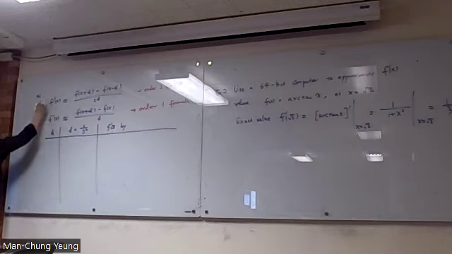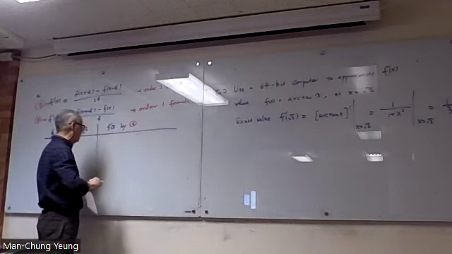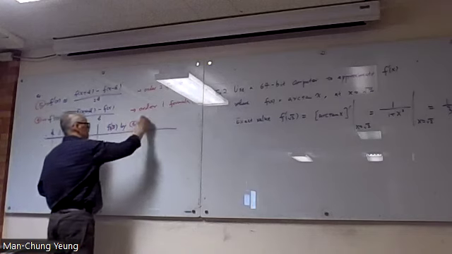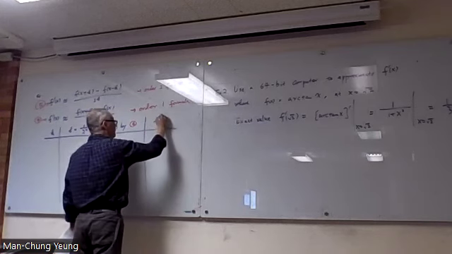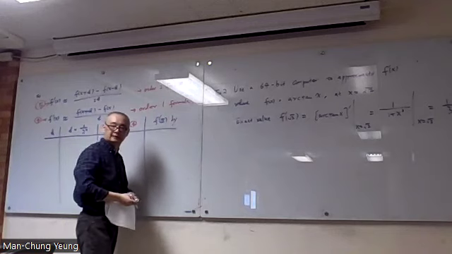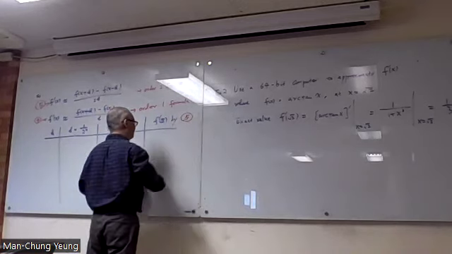Number 5 is order 2. Derivative computed by 5, order 2.